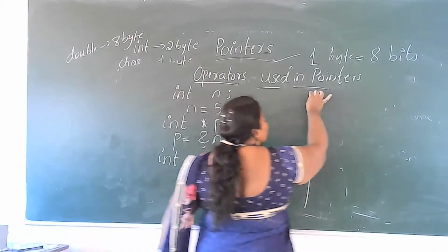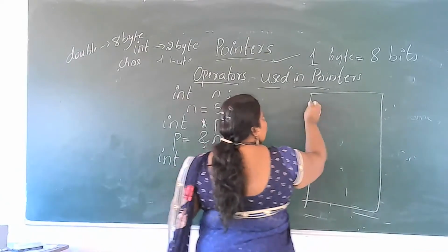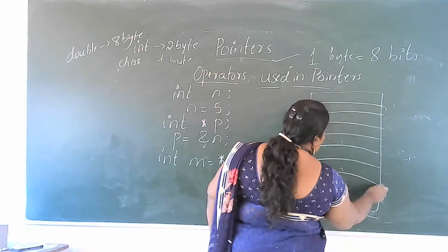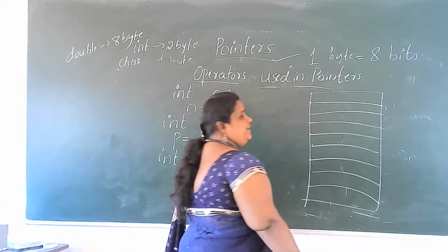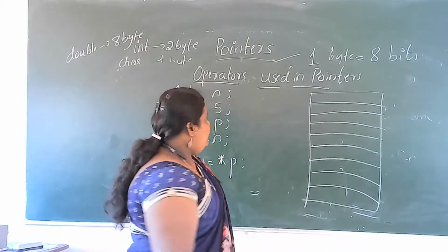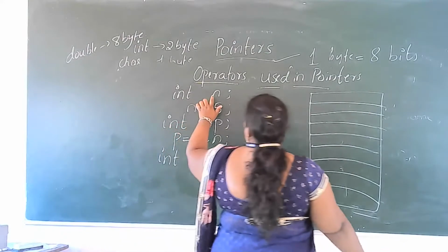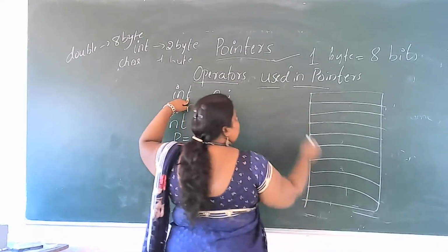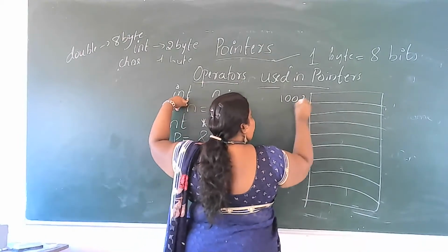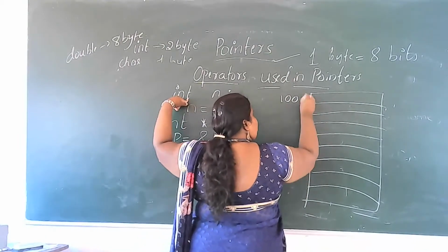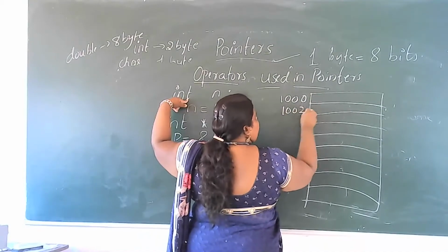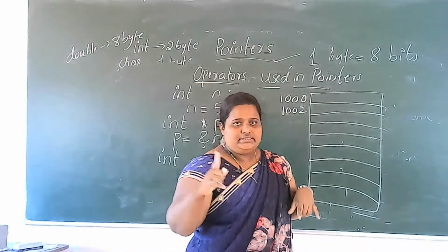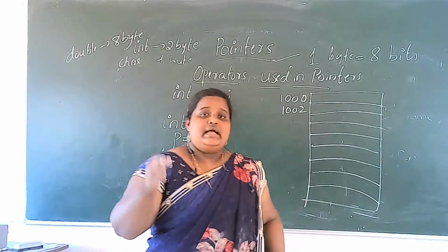Memory is divided into number of continuous blocks, and here m and n are of type integer. So 2 blocks I will combine and write, 1000 means 2 blocks. Each block is of size 1 byte.